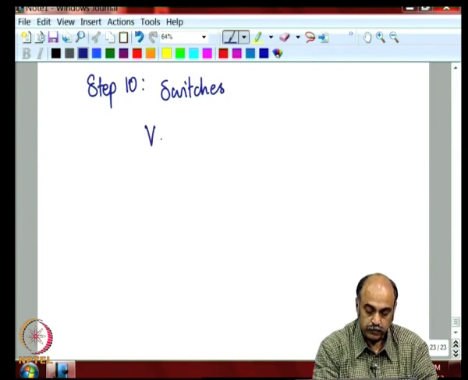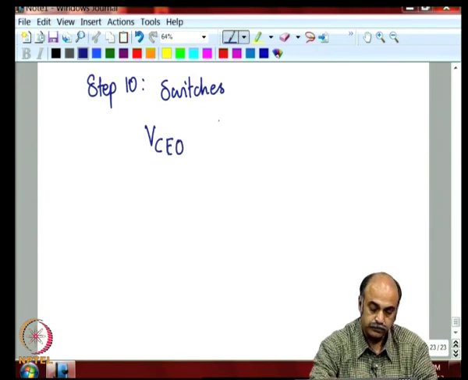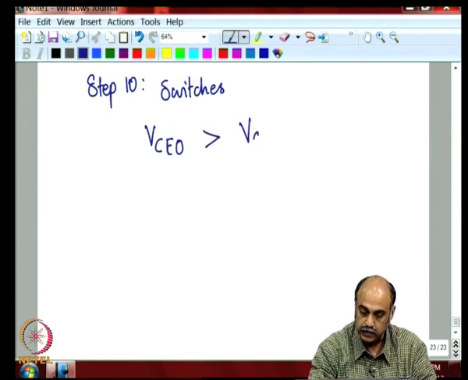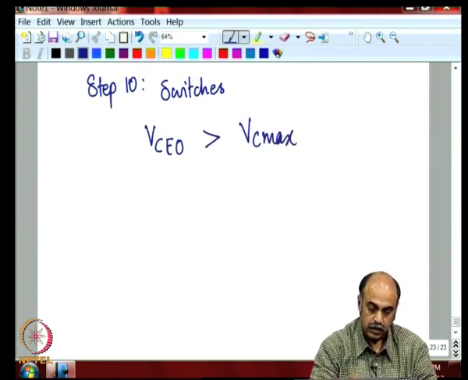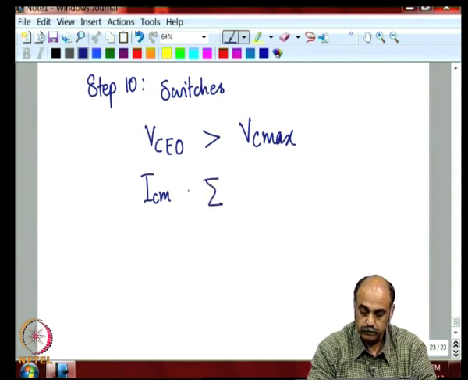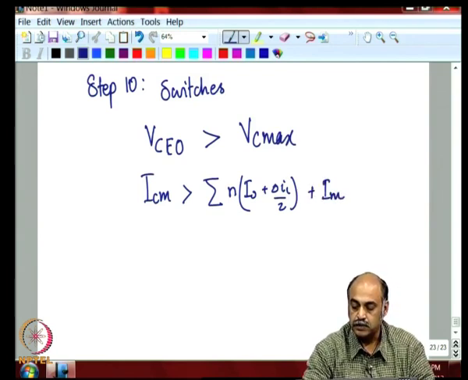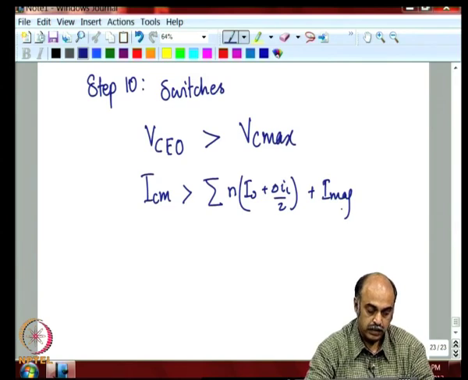We see VCEO, the collector to emitter, when it is off should be greater than VC max, and the current ICM rating should be all the reflected secondaries sigma of all the N delta IL by 2 reflected secondary peaks plus I magnetizing. And what is I magnetizing?